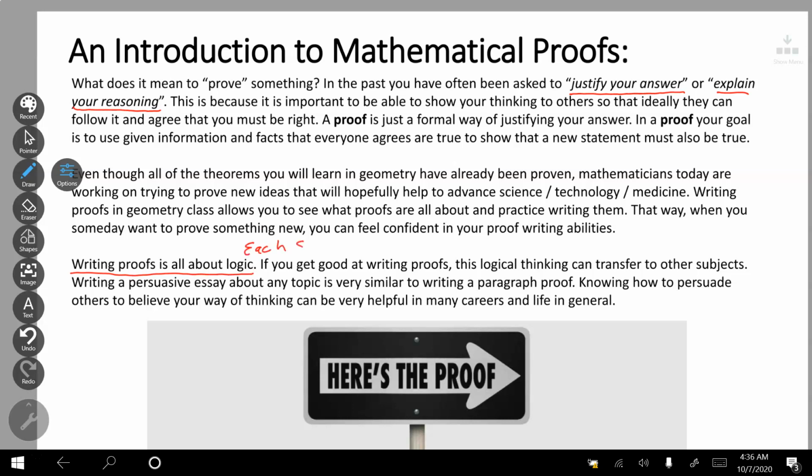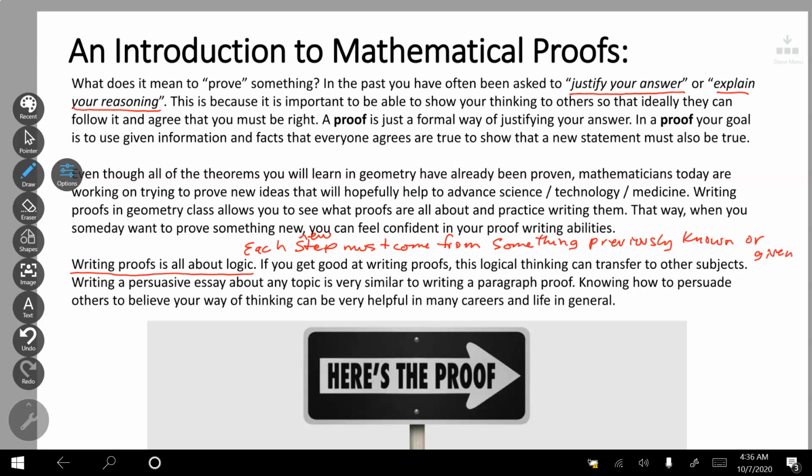Each step, well, each new step must come from something previously known, or given to us.